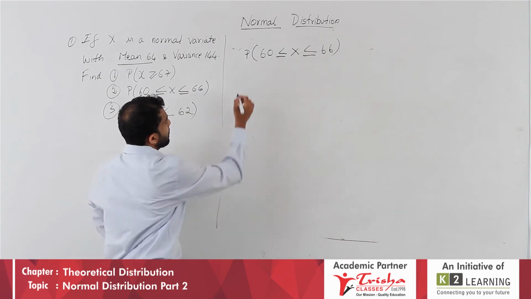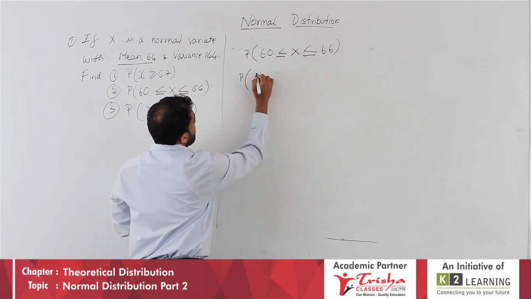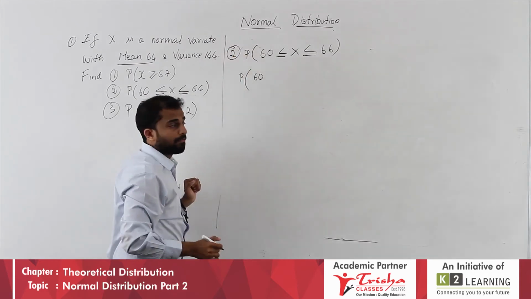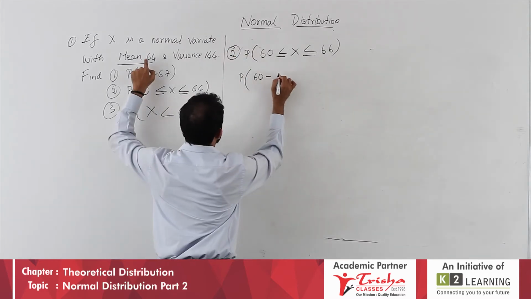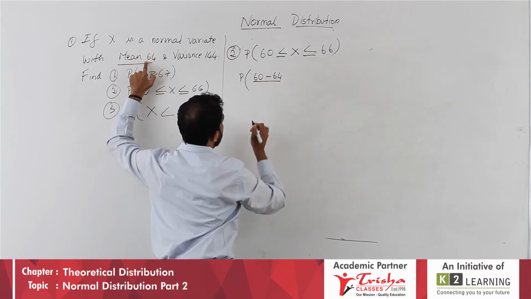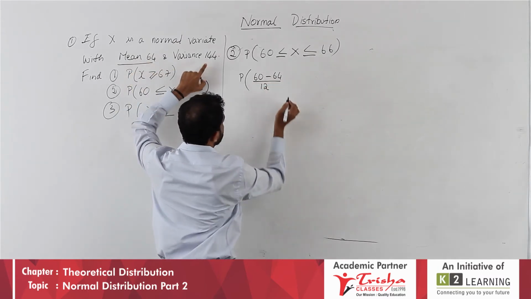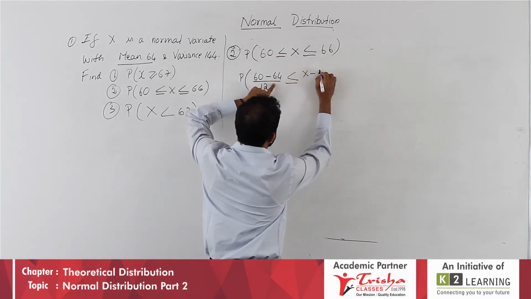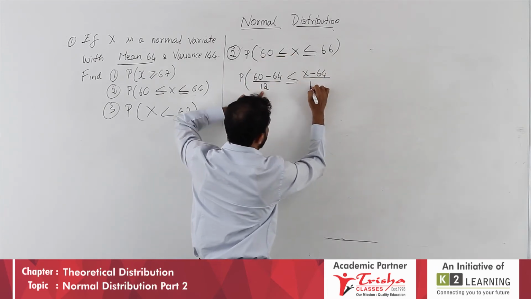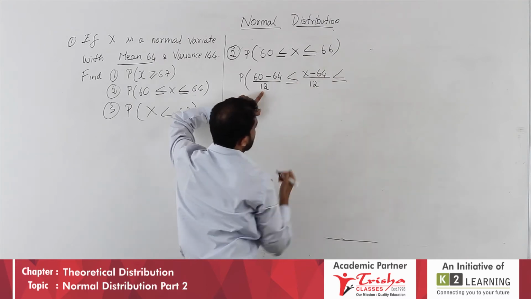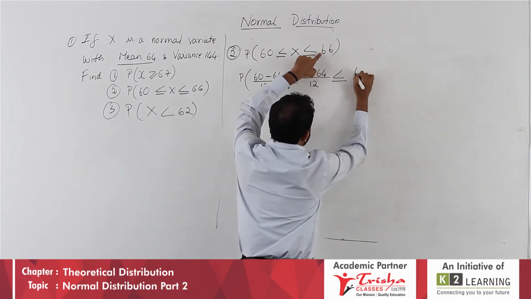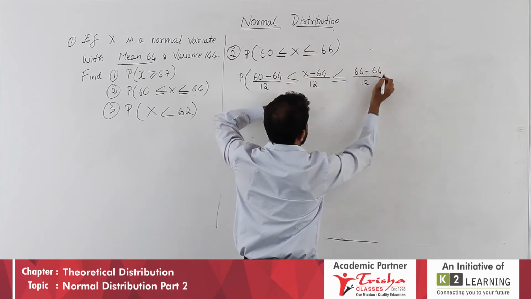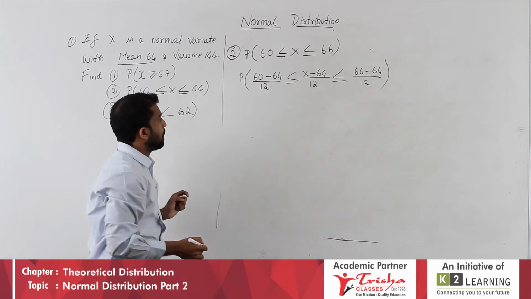So let us do it. P of 60, so this is the second one that we are doing. P of 60 minus 64 divided by 12 less than equal to x minus 64 divided by 12 less than equal to 66 minus 64 divided by 12. Close the bracket.